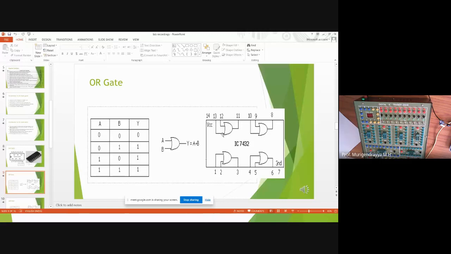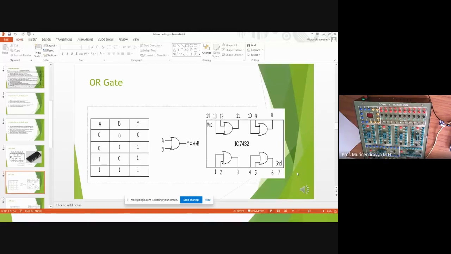It includes 4 2-input OR gates. And pin descriptions are given here. Pins 1 and 2 are the inputs of the first gate, and 3 is the output of the first gate, and 4, 5 are the inputs of the second gate, and 6 is the output. And pin number 7 is used as ground.